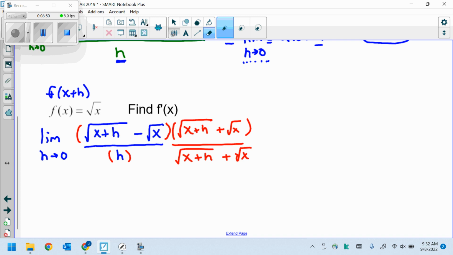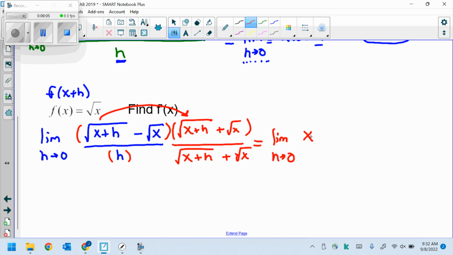Okay. If I multiply this out and do it correctly, I'm going to have the limit as h approaches 0. It's very important to multiply out the numerator. This times this is x plus h.